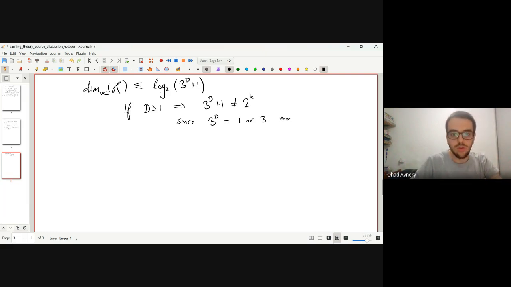Wait, okay, 2 to the k is 0 mod 8. But the powers of 3 are only 1 or 3 modulo 8, so it never matters. Yeah, and we only have the solutions where d equals 0 and 1. These form powers of 2, but after that it never happens.